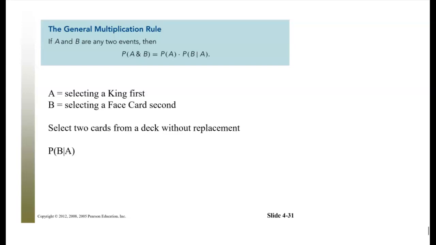So the easiest way to understand this particular multiplication rule is, let's talk about selecting two cards from a deck of cards without replacement, meaning after I select the first card, I'm not going to put it back. So I want to know the probability of selecting a face card.